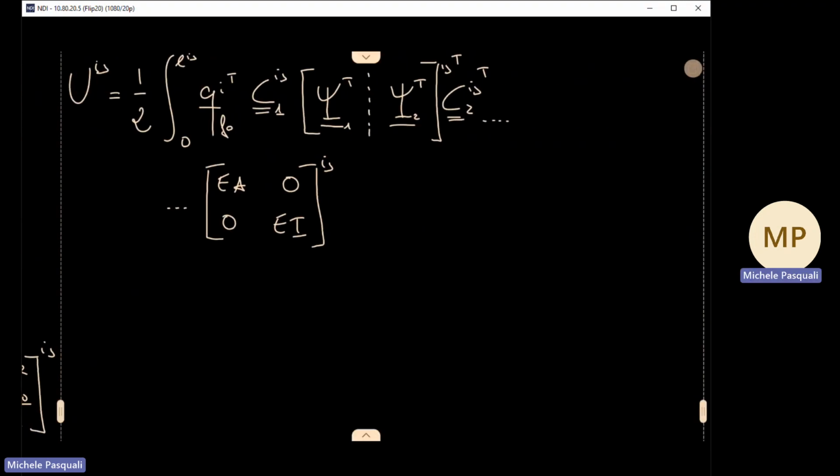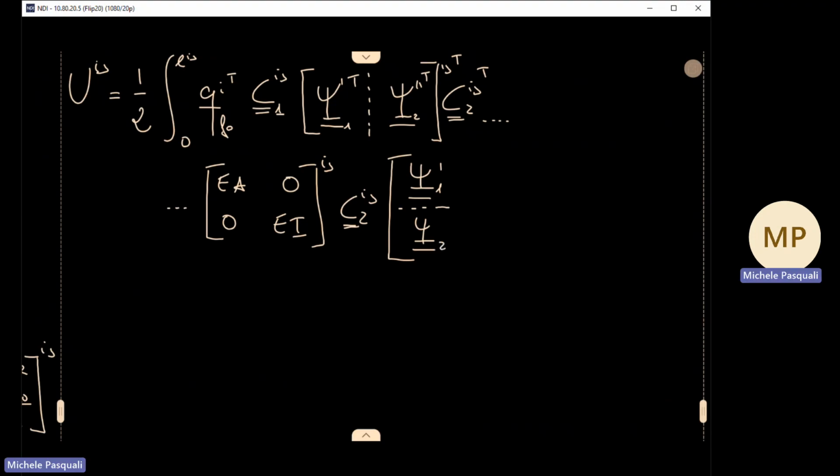So here now we have the same stuff, but transposed. That's to say we have C2 ij, then we have psi1 prime. Here I forgot prime. Prime here and derived 2 times here. Prime. No, there's no transpose.